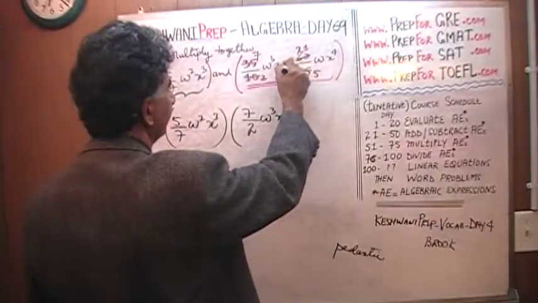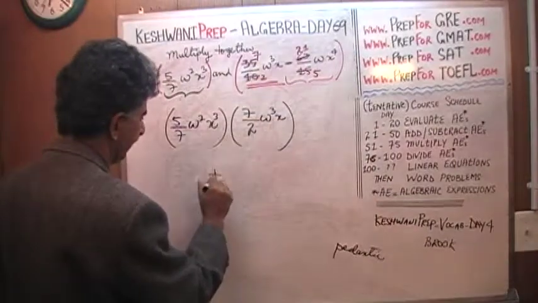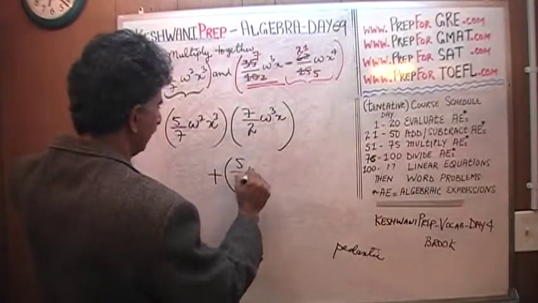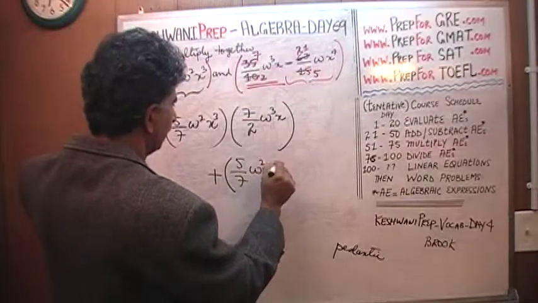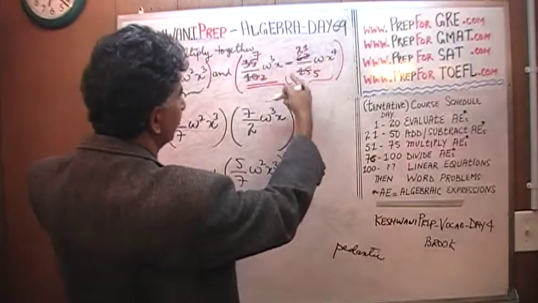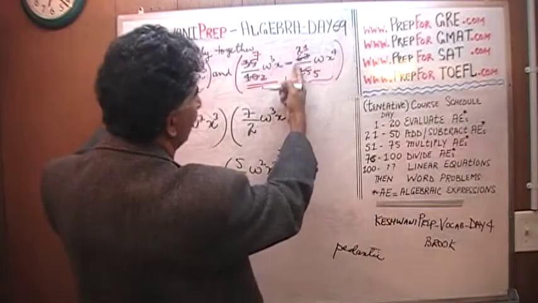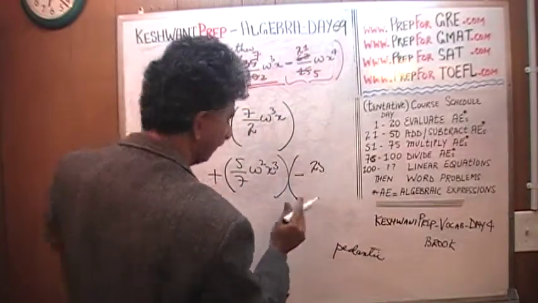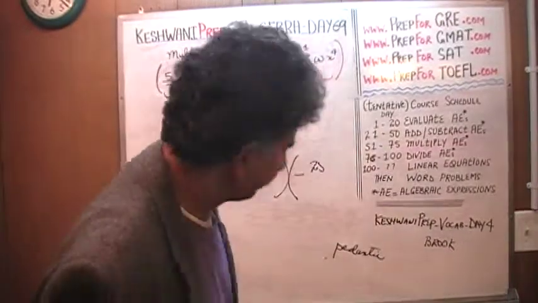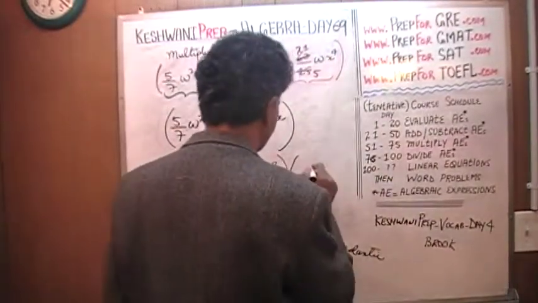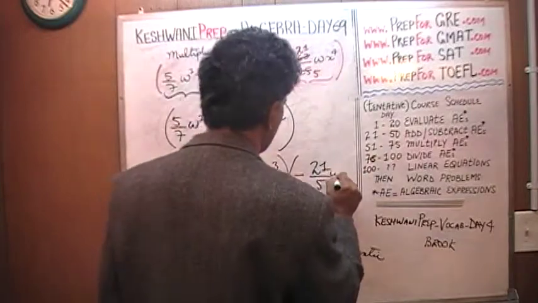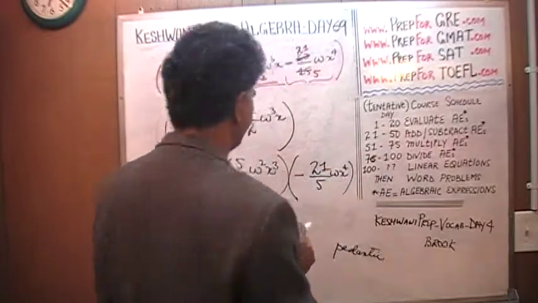Then we have minus, so it's going to be again plus this guy again one more time, 5/7 w squared x cubed times this term, which is negative. It's no longer 63/15, it is 21/5. 21/5 w x raised to 4.